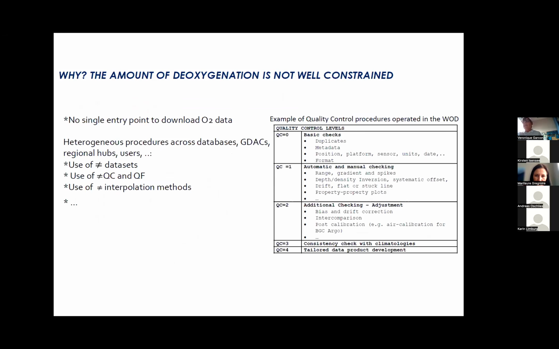When people want to do climatology, they might also use different interpolation methods, so the advanced data products end up being different. Here we just show an example of a quality control procedure in operation in the World Ocean Atlas with different quality checks, but other people would use different ones. So we really need to come up with internationally agreed procedures for quality checking.